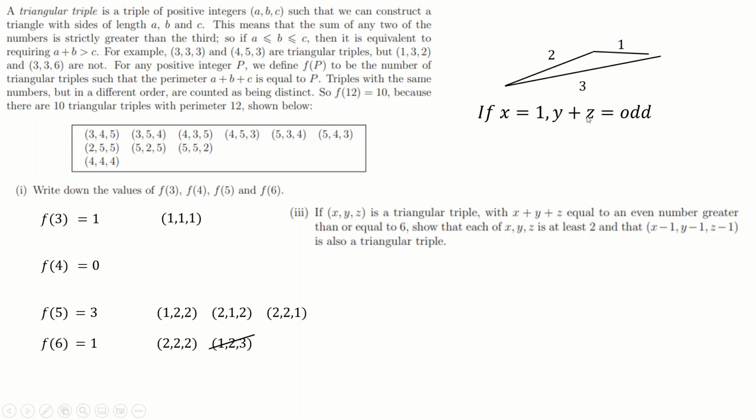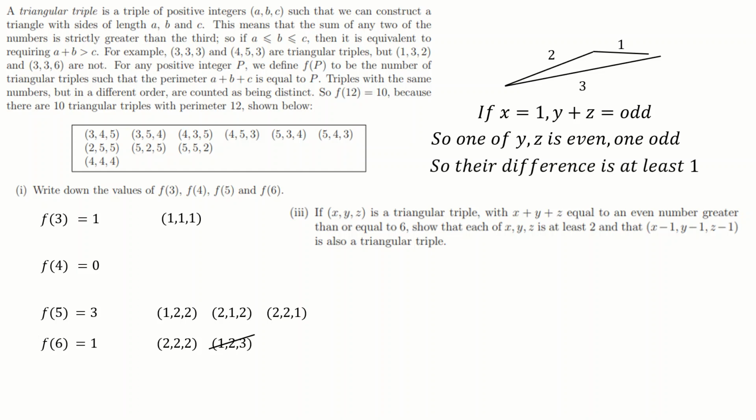But if one of them is odd and one of them is even, that means they have a difference of at least 1, like 6 and 7, or 5 and 6, or 10 and 11. But if their difference is 1, you can't have your last side be 1, because then they'll at best add up to the biggest side, just like this picture does here. So the difference is not bigger than the third side, which means you don't satisfy this inequality here. So I hope you know what I mean by that.